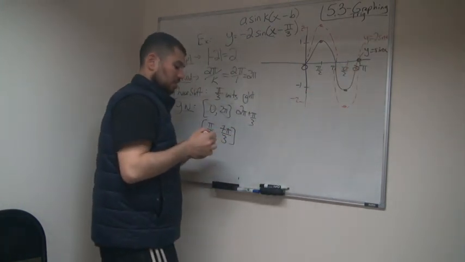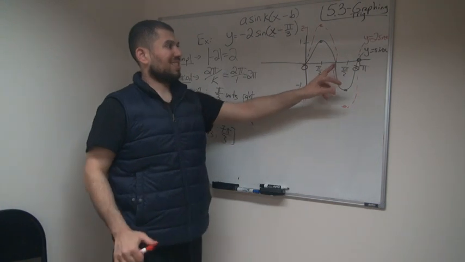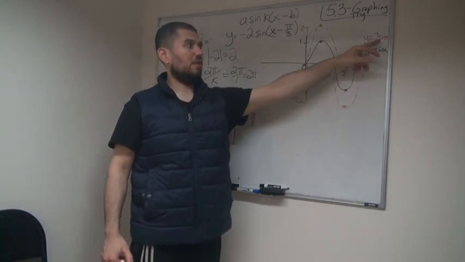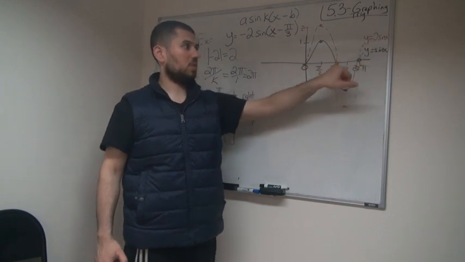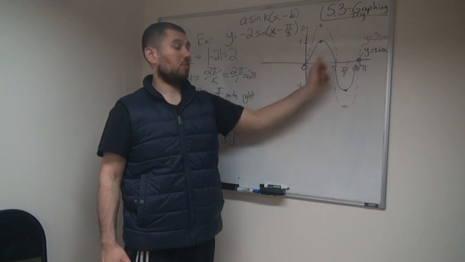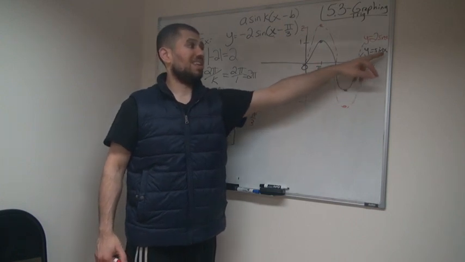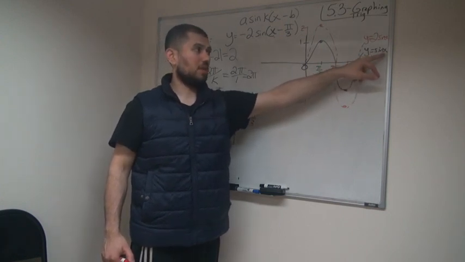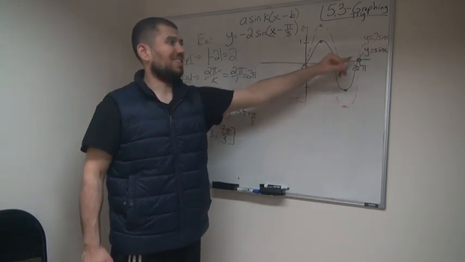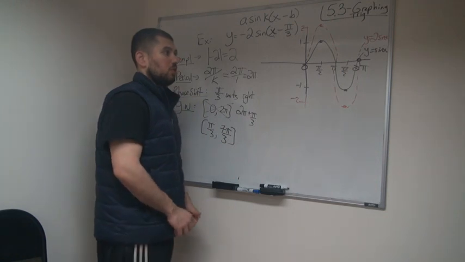Now let's think about this. What's the sine of pi? 0. 2 sine of pi is 2 times 0, still 0. Same with 0 and 2 pi radians. The sine of 0 radians is 0. Twice 0 is 0. So all my zeros are the same. They don't change.